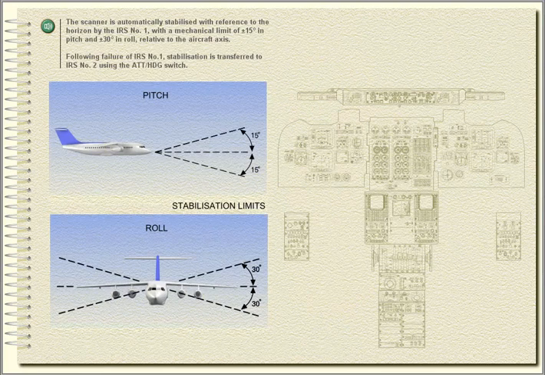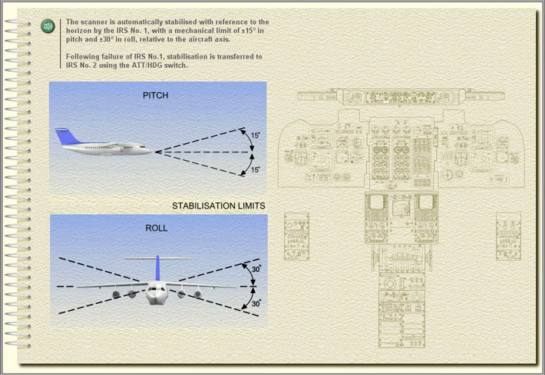The scanner is automatically stabilized with reference to the horizon by the IRS number 1, with a mechanical limit of plus or minus 15 degrees in pitch and plus or minus 30 degrees in roll relative to the aircraft axis.